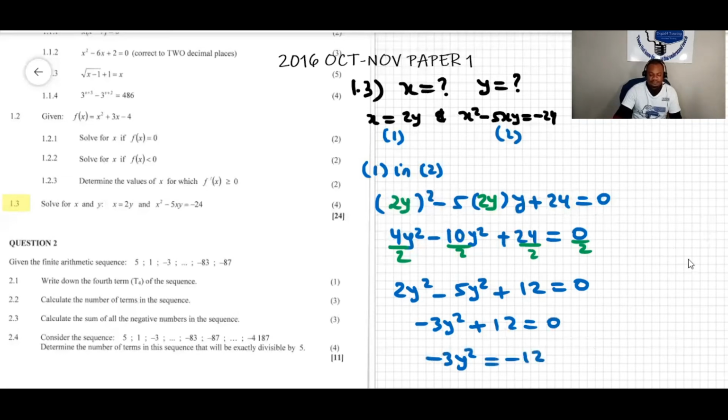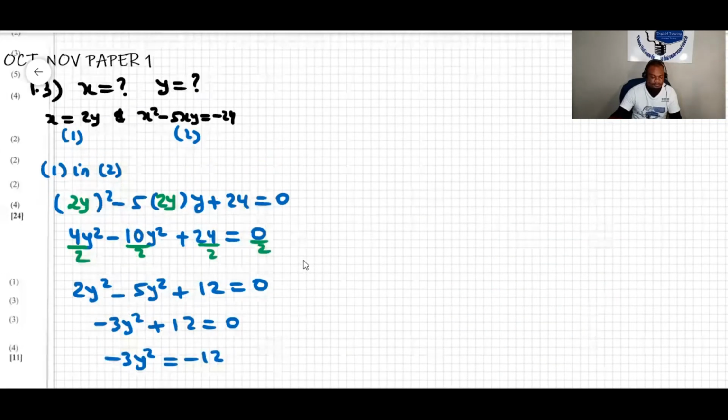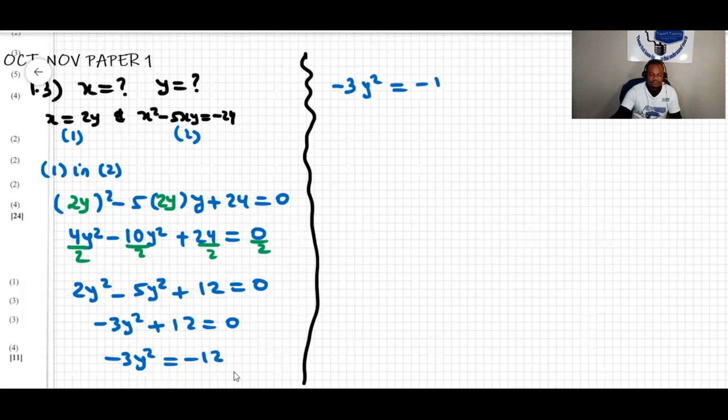So we have negative 3y squared equal to negative 12. We can divide both sides of the equation by negative 3, and then we will have y squared equal to 4.